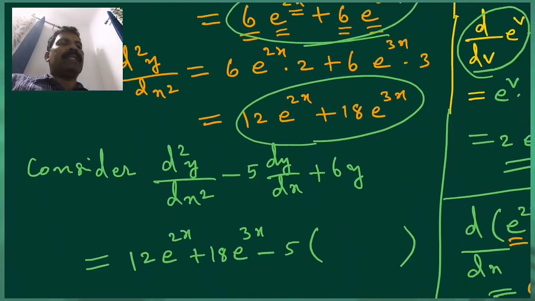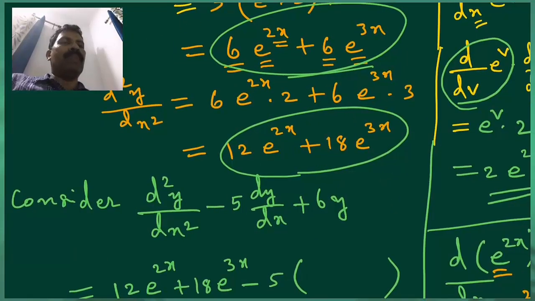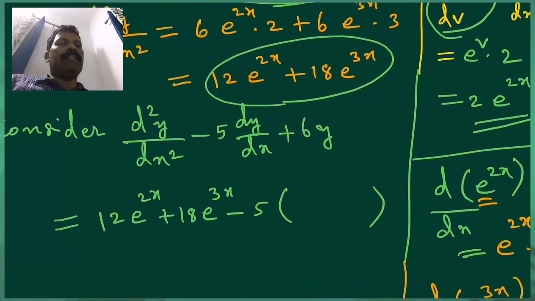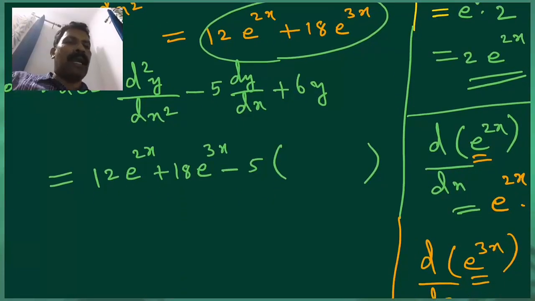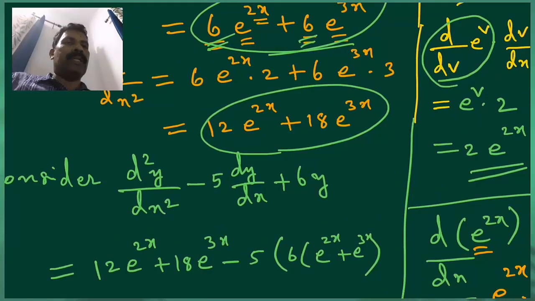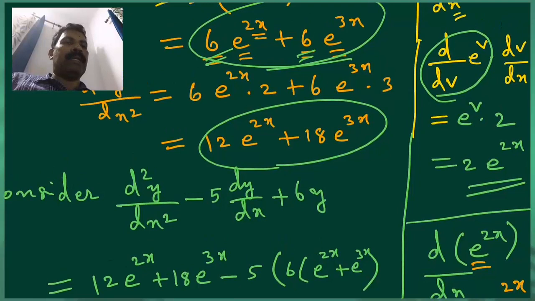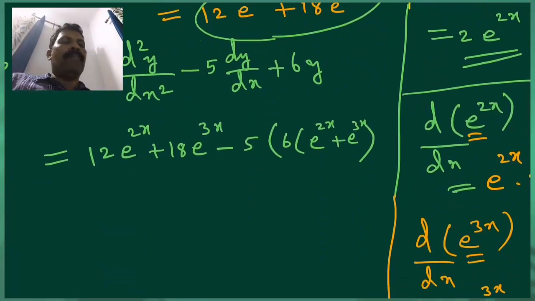So you can have a 6 common outside, because 6 is here and 6 is there. So take it outside. So 6 outside, then e raised to 2x plus e raised to 3x, isn't it? You please see 6 into e raised to 2x, 6 into e raised to 3x. Then plus 6 into y.